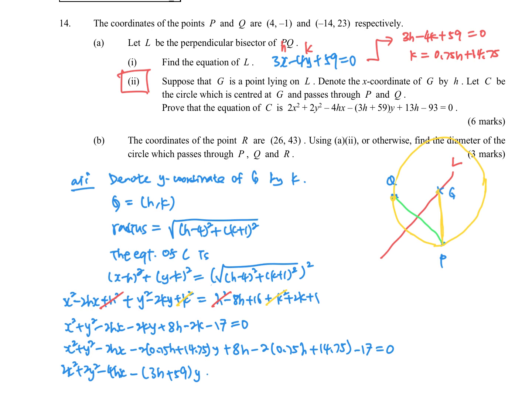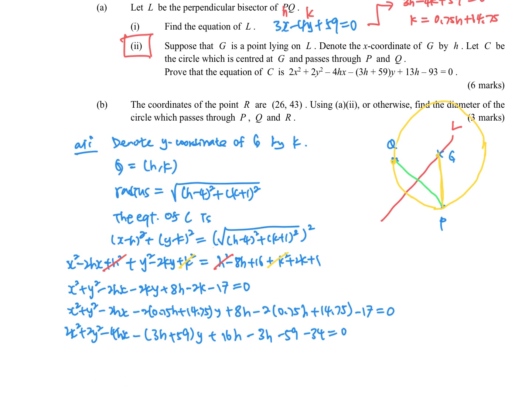And then x plus 2, x times 2, so that will be 16. And then 2 times 0.75 and times 2, so that will be 3, so minus 3h. And then minus 2 times 2 times 14.75, so minus 59. And then minus 34.